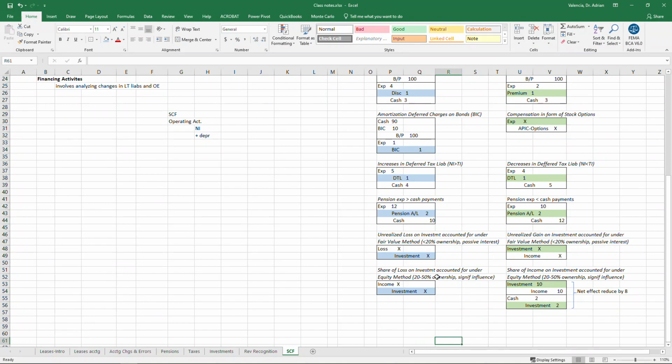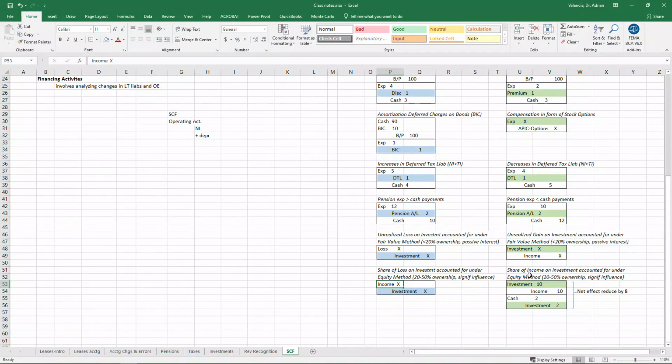So when the company reports their losses, I record a percentage of those losses, and the percentage is based on my ownership as follows. I debit income, which reduces net income, right? And then I reduce the investment itself. But again, this reduction in income does not require a cash outflow. So to go from net income to cash income, I've got to add it back.